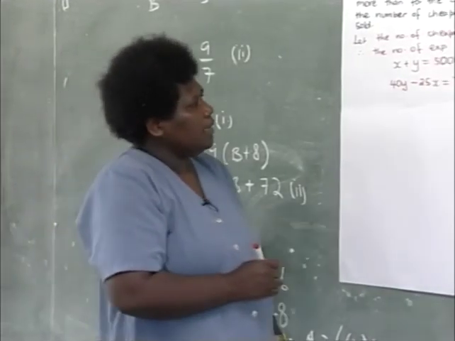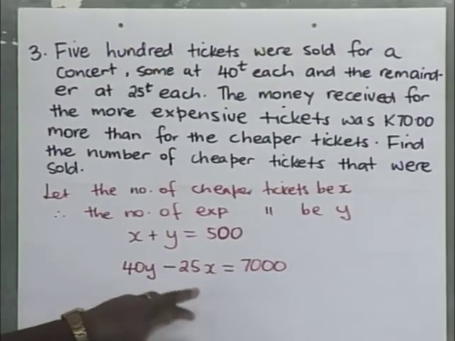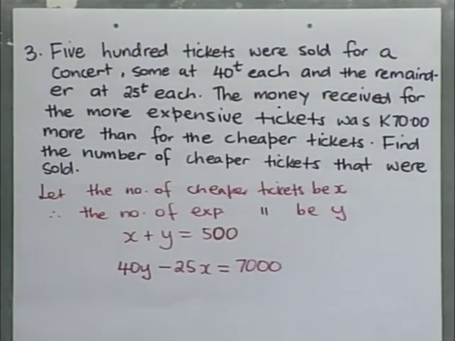Or otherwise, what you can say is 40Y is equal to 25X plus 70, because you have to add to the one that's bigger. So really 70 kina is the difference between the amounts of money. So I'm solving X plus Y equals 500 and 40Y minus 25X equals 7,000.